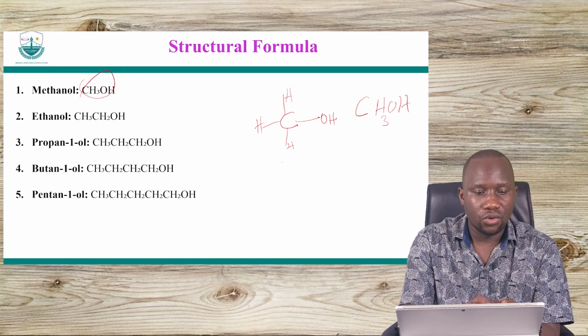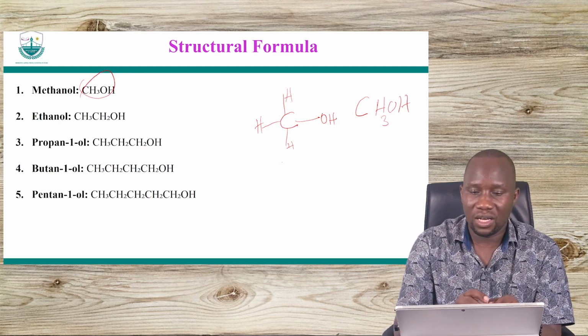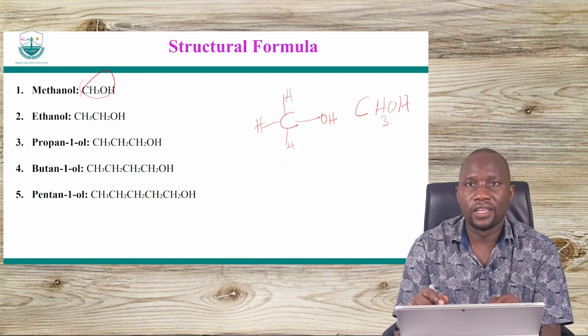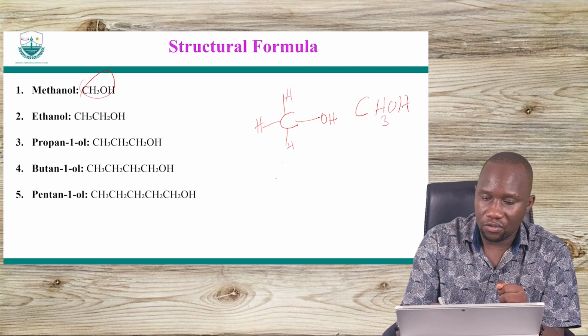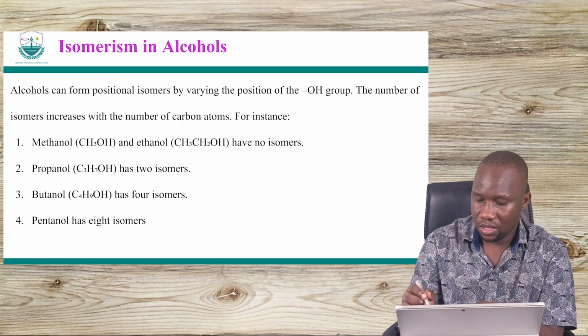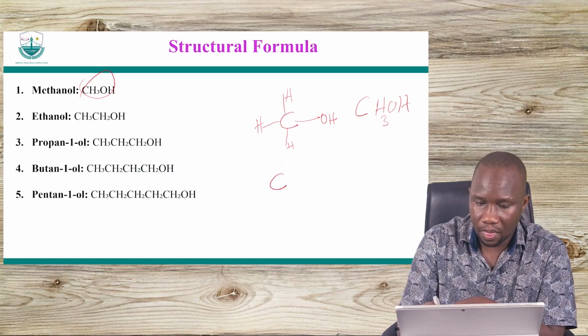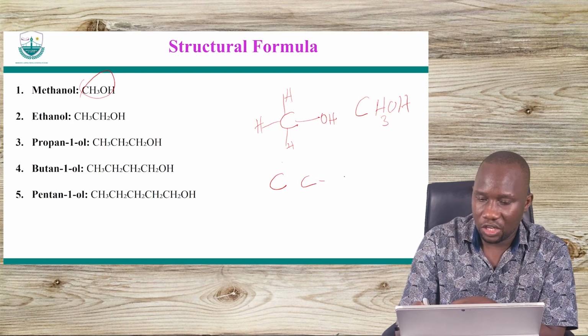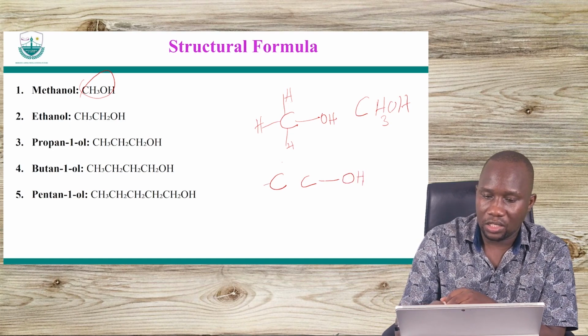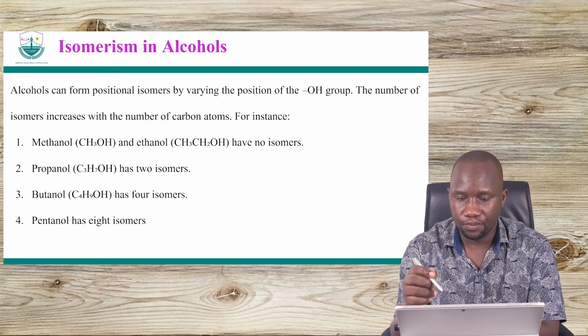With ethanol, 2 carbon atoms, and then add the OH, and then make it full with the hydrogen atoms. So you have 2 carbon atoms and that OH. Then make sure that all the bonds are filled, 4 bonds for each carbon atom.